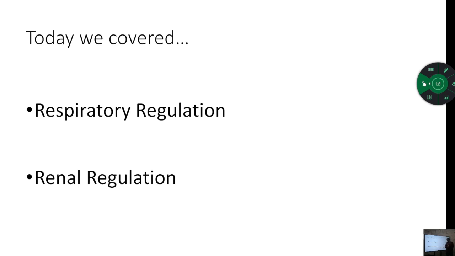One was the recovery of filtered bicarbonate, then excretion of titratable acids, excretion of ammonium ions, and excretion of free H plus. These are the four strategies which come under renal regulation.